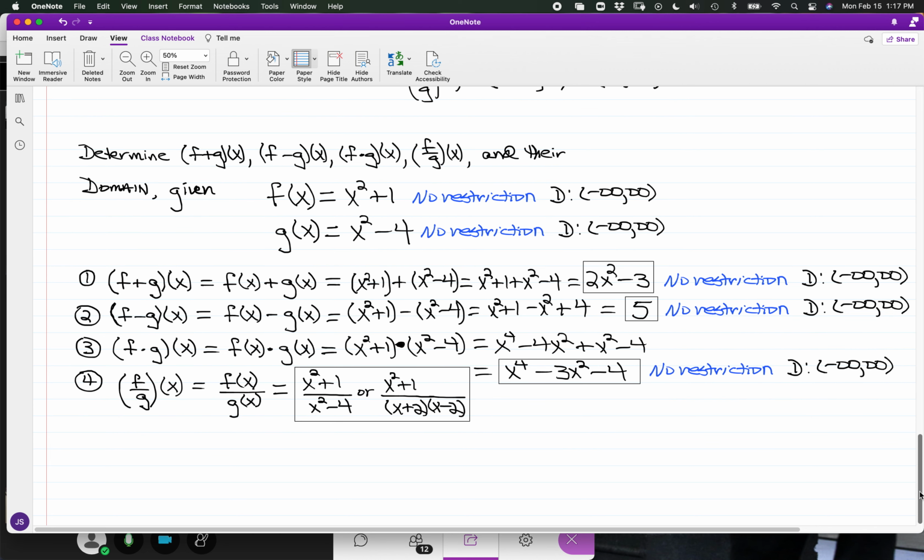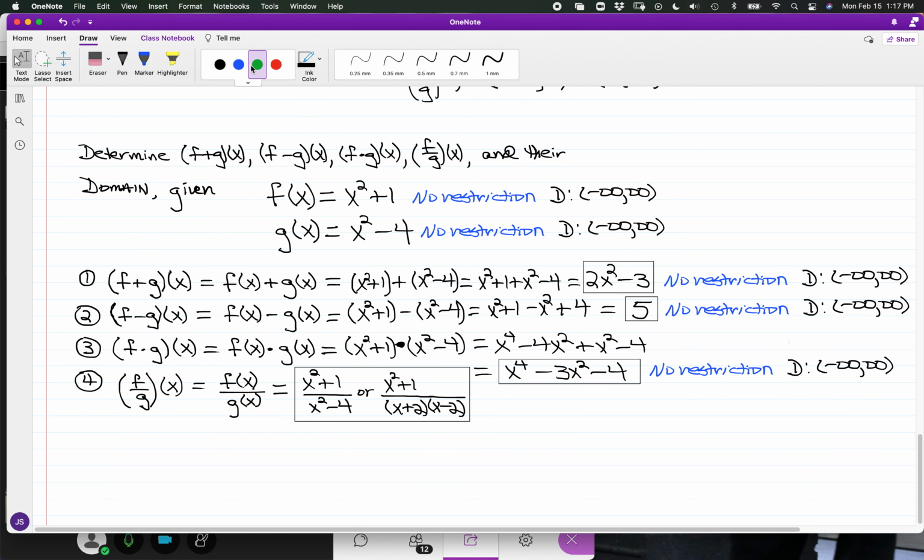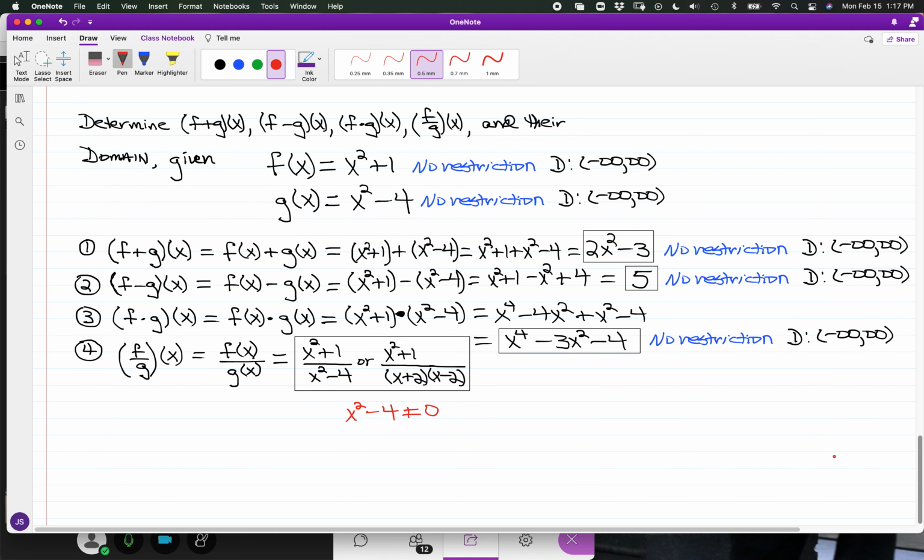And once again, with the quotient function, in terms of the domain, this could be the odd one out. Here we have the restriction that the denominator cannot be 0 in value. So x squared minus 4 cannot be 0.